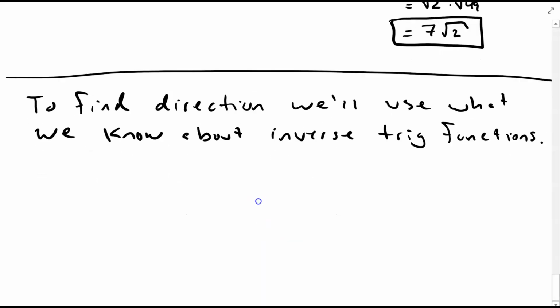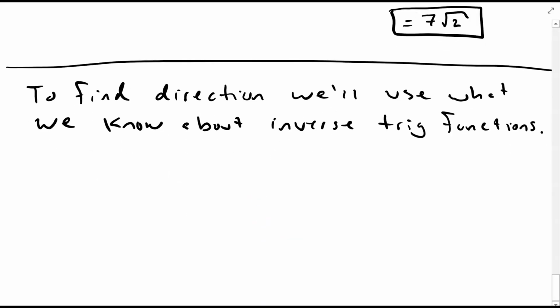To find a direction, what we're going to do is we're going to use kind of what we know about inverse trig functions. So let's look at an example here to kind of illustrate that.